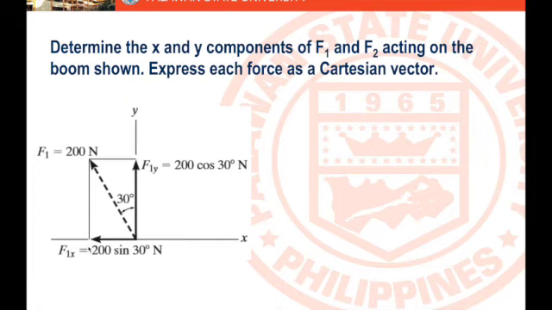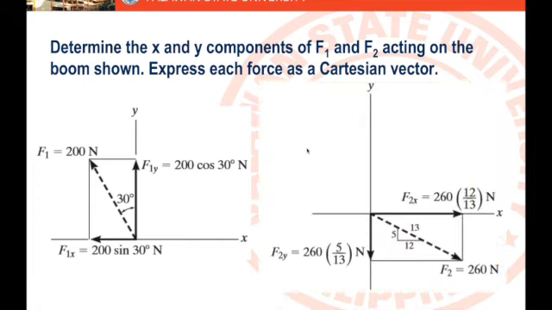This one is negative. For F2, the same thing. F2x is 12 over 13 times 260. F2y is 5 over 13 times 260, and this is a negative number.